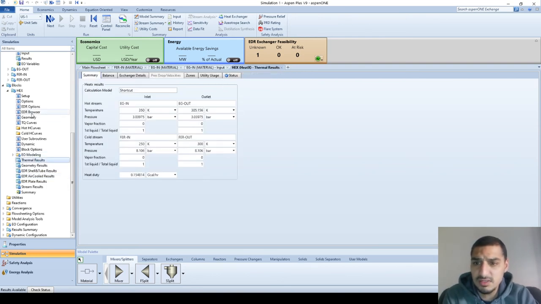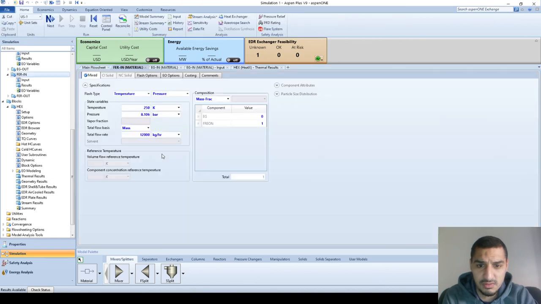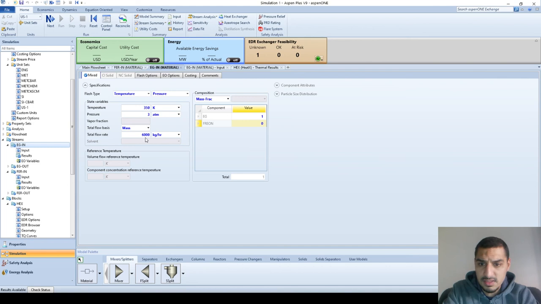So now let's go back. I just want to check something because I feel there's something wrong about the numbers. This is 12,000 kilograms per hour, 250 Kelvin, and this is Freon. This should be okay. And now let's see the other stream. 6,000 kilograms per hour, 350 and 3 atmospheres.